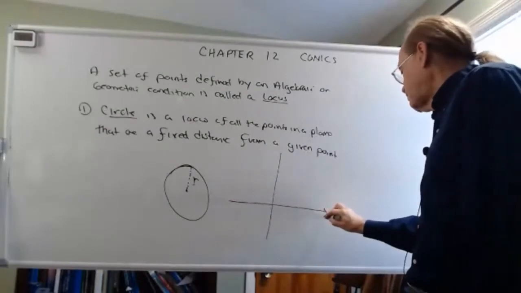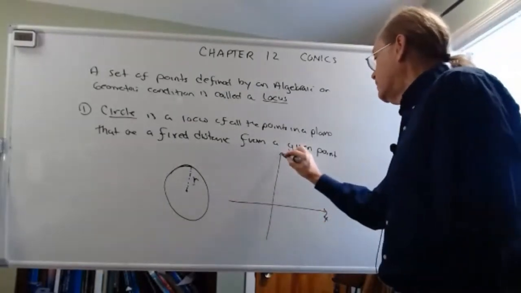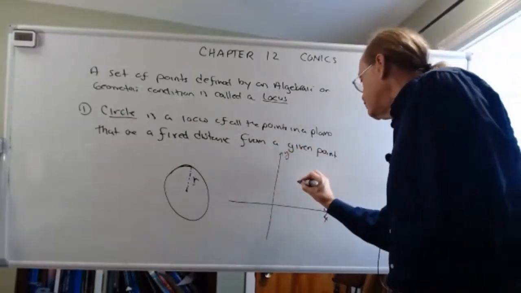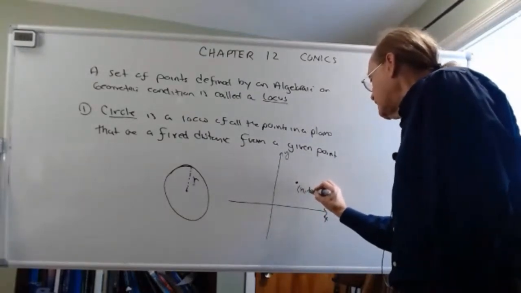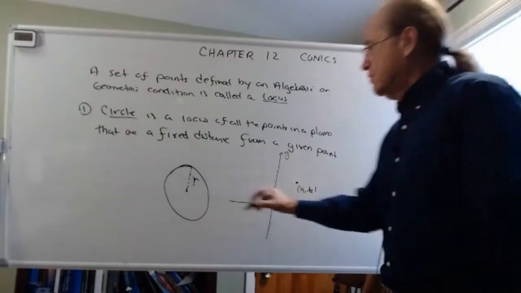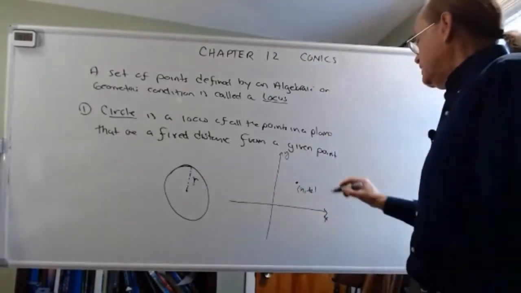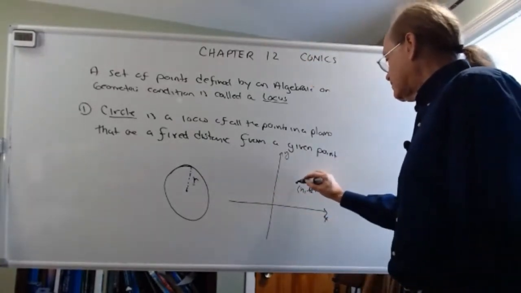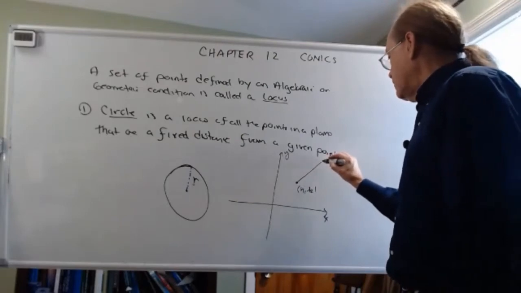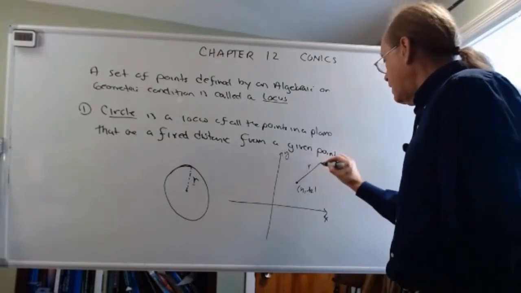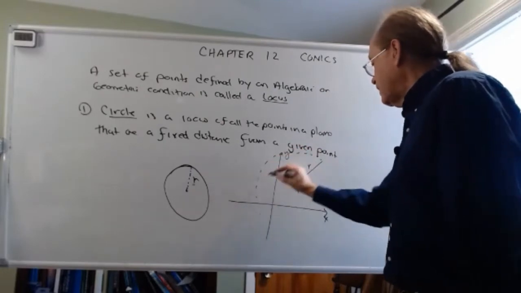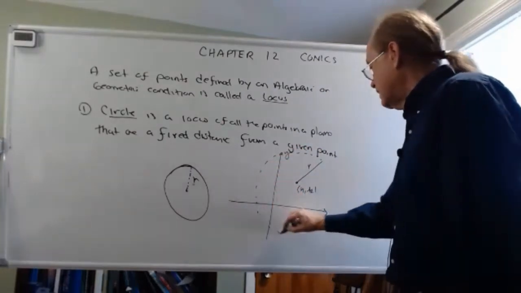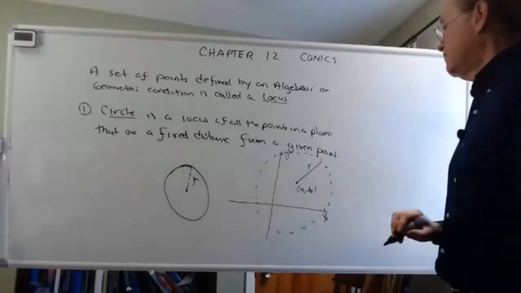We'll try and algebraize it now and pick some generic point over here, h comma k. That's the center of the circle. Then I go out a fixed distance, and we call that distance r, and as I sweep it around, I get this idea of a circle.